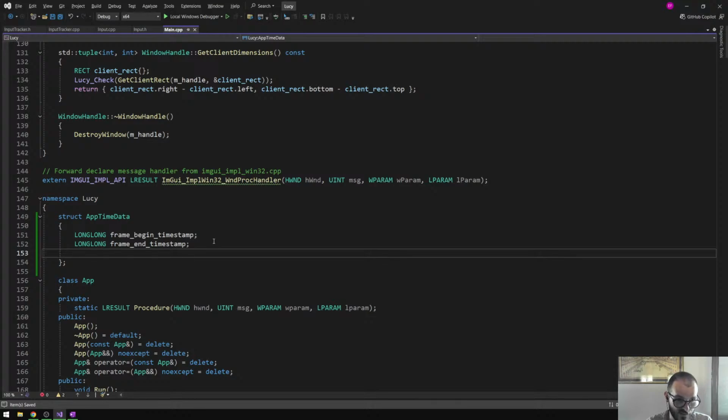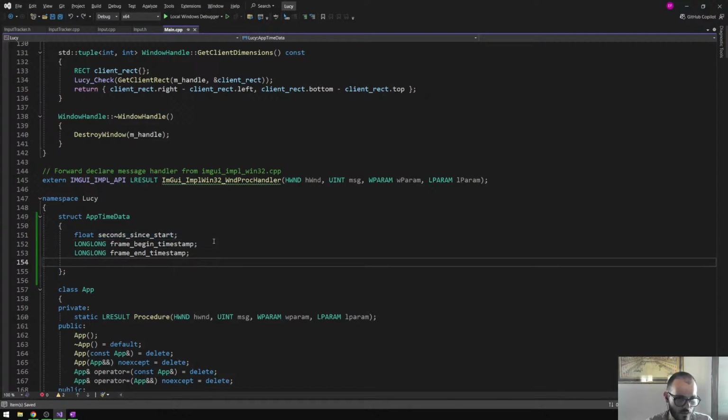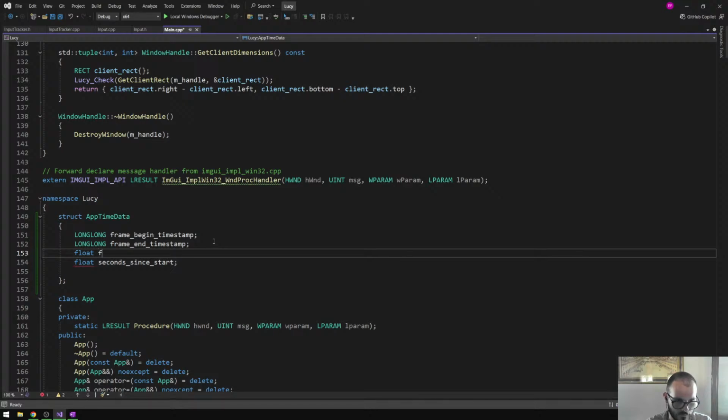We have the float seconds since start. We also have the float frame delta time in seconds.